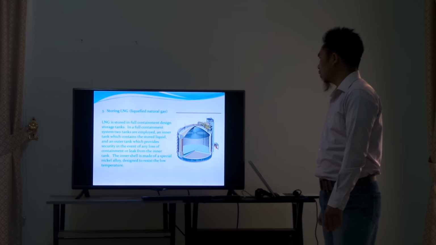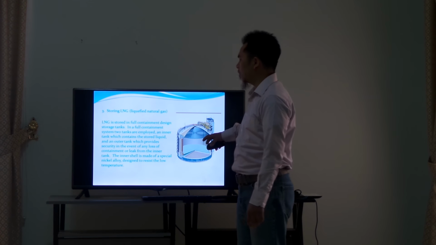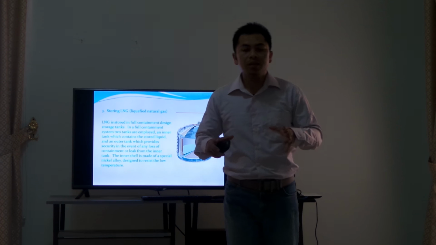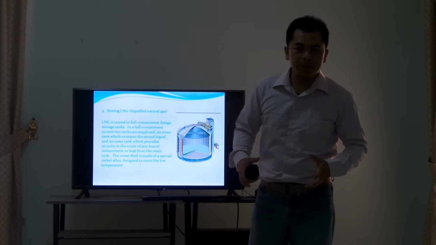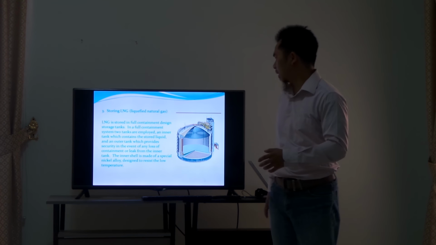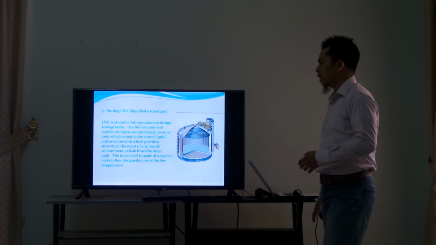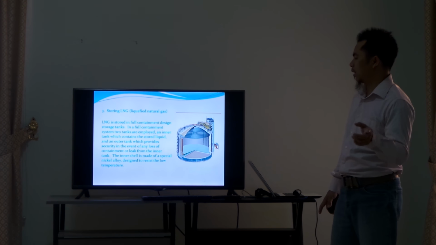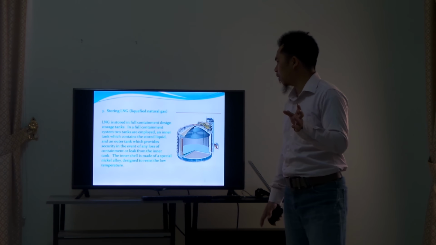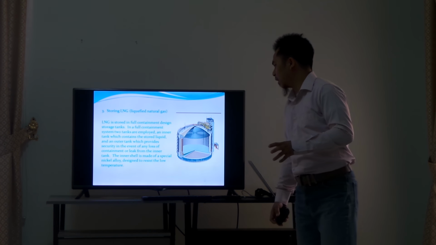The next process is LNG storage. For storing LNG, they have a special storage tank to maintain the temperature and make sure the steel sealing does not leak to the atmosphere. LNG is stored in a full containment design storage tank. In a full containment system, two tanks are employed: an inner tank which contains the stored liquid, and an outer tank which provides security in the event of any loss of containment or leak from the inner tank.